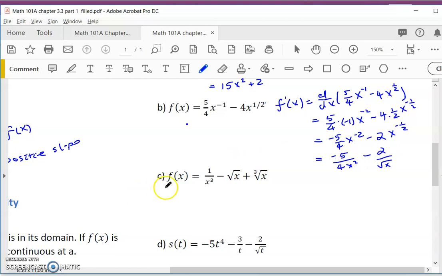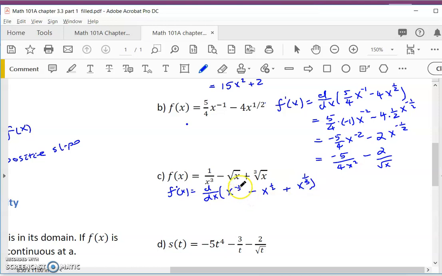So the third example involves some radicals. Now the radical is not in power form, and 1 over x cubed is not in power form. So the first thing we do is write f prime of x by rewriting each one so that they are in power form first. 1 over x cubed, I will write as x to the -3, minus the square root of x, I can write as x to the 1/2, plus the cube root of x would be x to the 1/3.